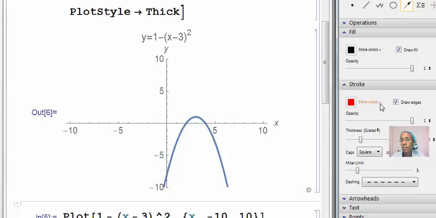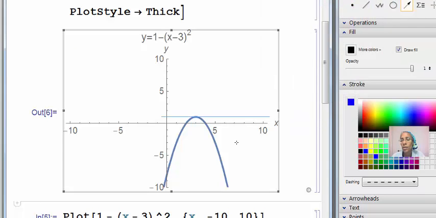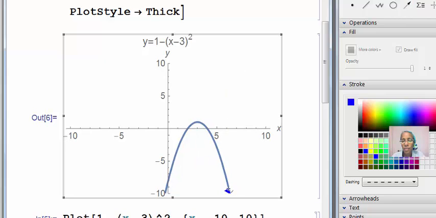And let's see. I want those arrows to be blue. Okay. So I selected arrows, and I can improve my blue to kind of better match this.